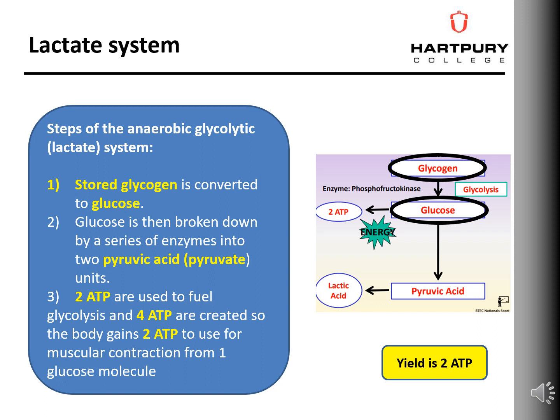That releases the energy that we need. 2 ATP are used to fuel glycolysis, and 4 ATP are created in total from this whole process. So the body gains 2 ATP to use for muscular contraction from that one glucose molecule. So the yield for the lactate system is 2 ATP.